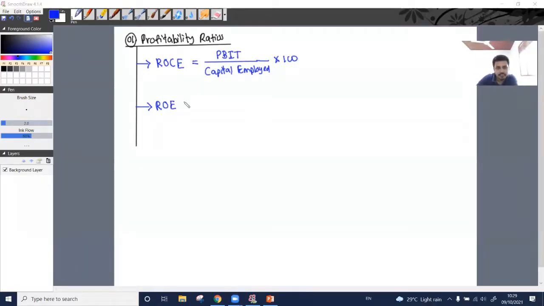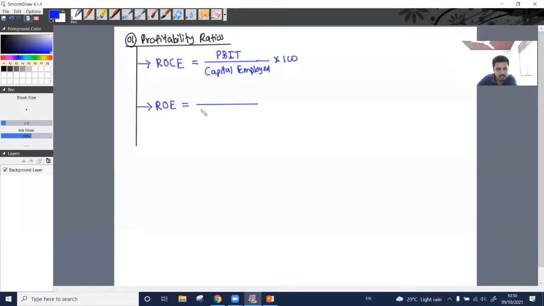So how can we compute this one? Return on equity. From the words you can derive the formula.